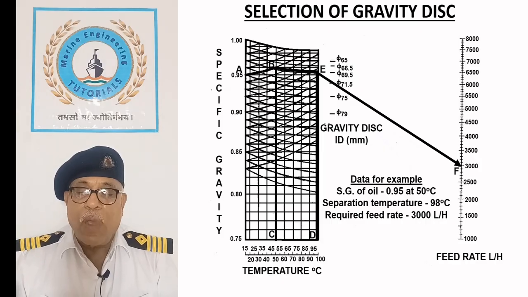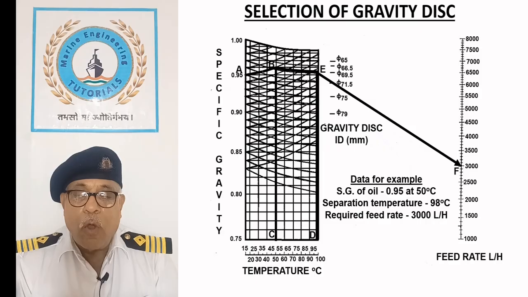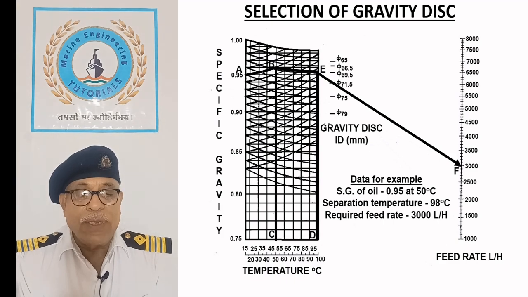Gravity disks are interchangeable on most purifiers. Their center bore size is selected based on the specific gravity of oil being centrifuged. The largest possible bore should be used, provided it does not risk causing overflow.